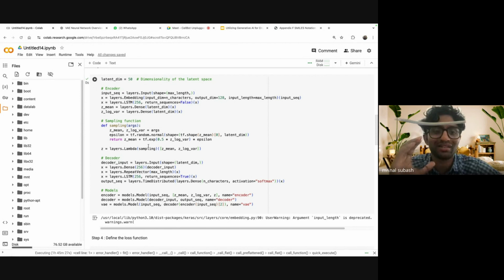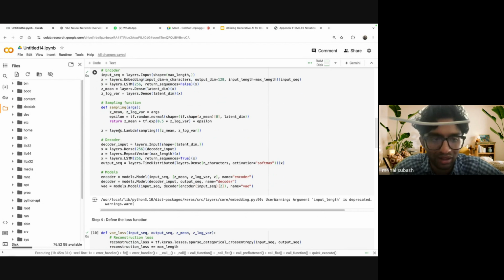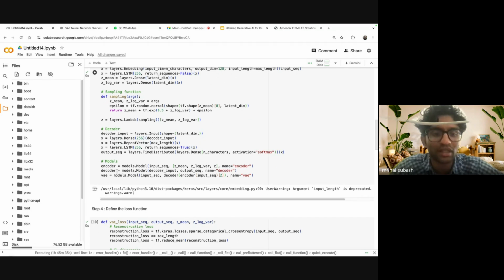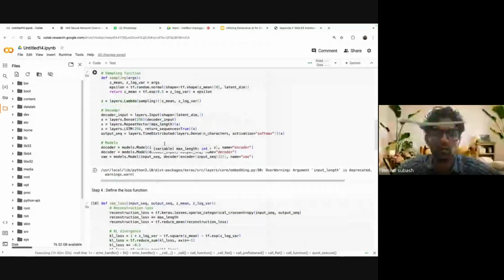You are using that as a sampling function and passing that into the decoder architecture. That is how we are creating this variational autoencoder: you're passing an input, creating an encoder architecture, and then passing a decoder across that encoder.